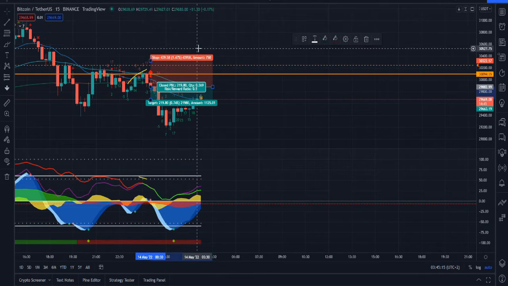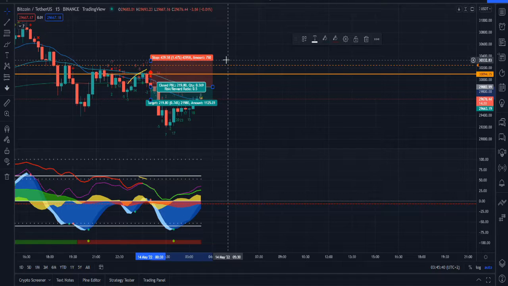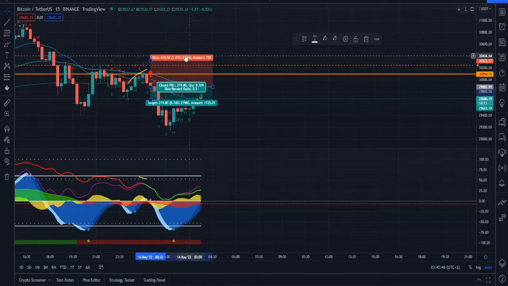And always adjust your position size and the leverage you are using to the corresponding stop loss you have. For example, this is a very big wiggle room, 1.47.